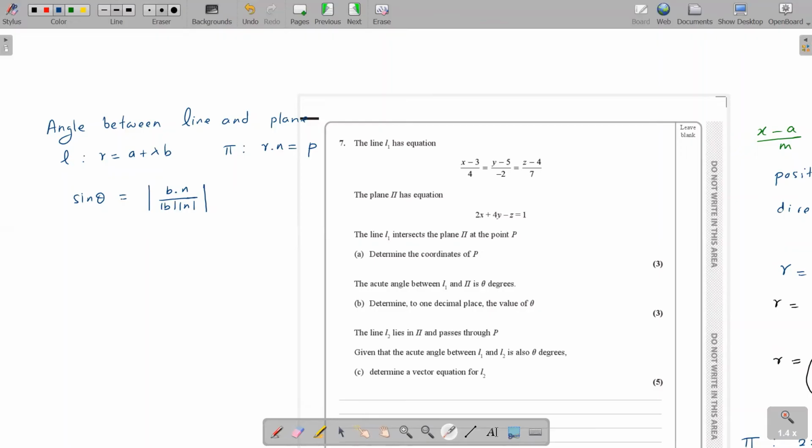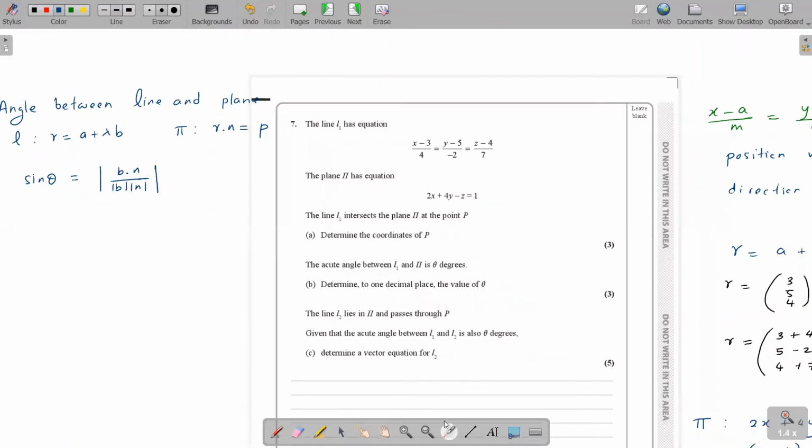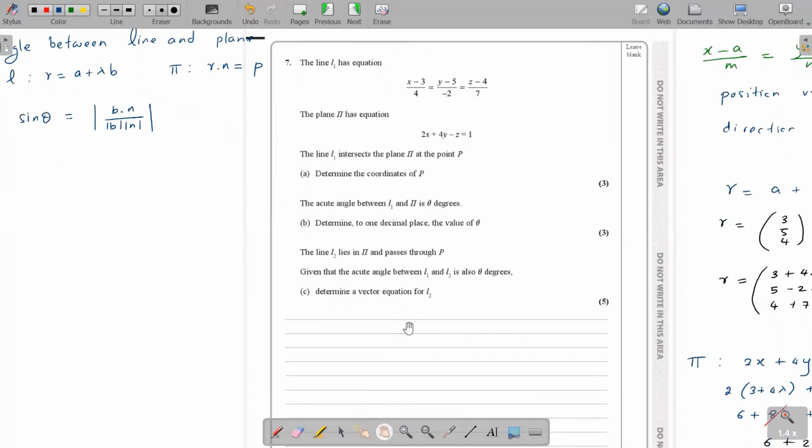Now all you have to do is apply it. b is the direction vector of the line, and n is the vector perpendicular to the plane. In the plane equation, you have to determine the n here. I think our b value is pretty much obvious, as we have the direction vector of the line. Using the plane equation, you have to determine your n. How do we determine the n?